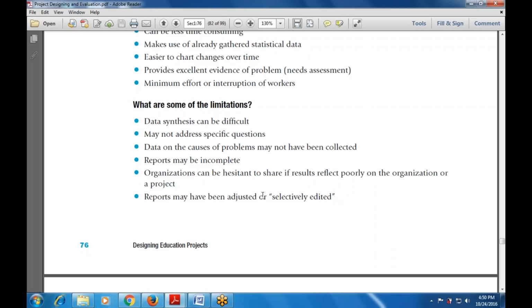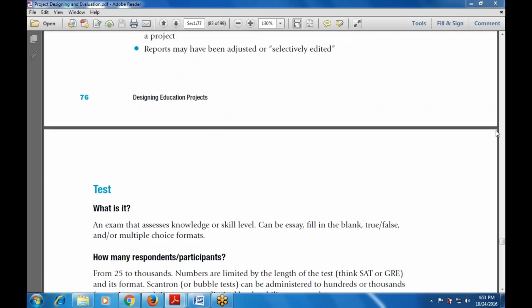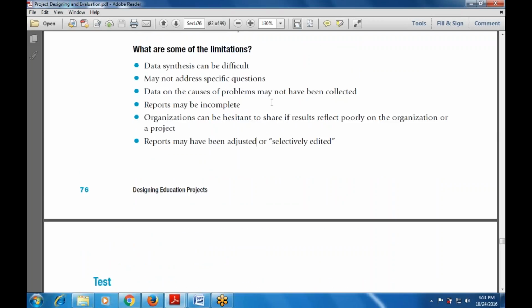The organization may hesitate to share if the results reflect poorly on it, and the reports may have been adjusted or selectively edited. These are the various limitations.